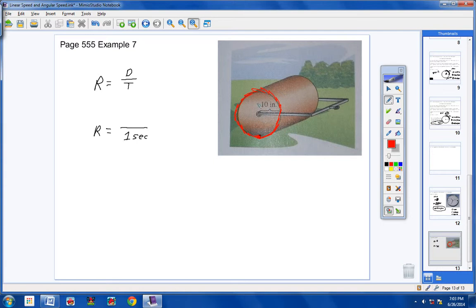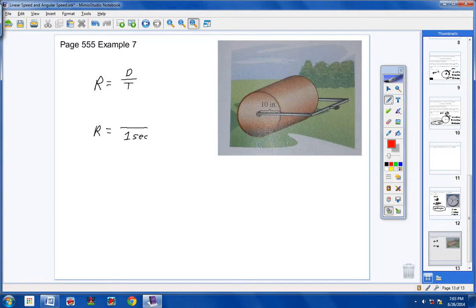By the way, if you were to rip open the circumference and lay it on the ground, the distance this thing travels in 1 revolution is the exact same distance on the ground that the tractor moves. So we're going to have to find the circumference, because in 1 second, the circle turns 1 revolution and then 0.2 more.